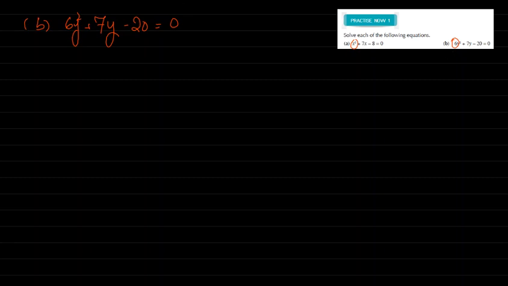So moving on to question, in this method, what you will do? First, you will multiply this coefficient with this coefficient. So it will become 6 into minus 20, right? So what will it return?